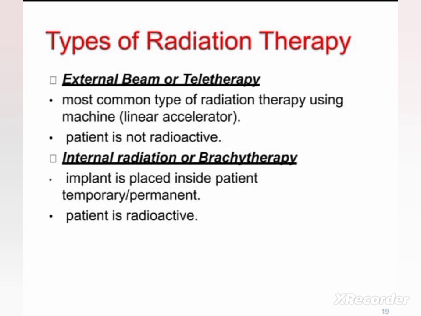Here we are using a machine known as the linear accelerator. Here the patient is not radioactive. Internal radiation therapy or brachytherapy means we are using an implant placed inside the patient's body, which can be temporary or permanent, and the patient is radioactive.